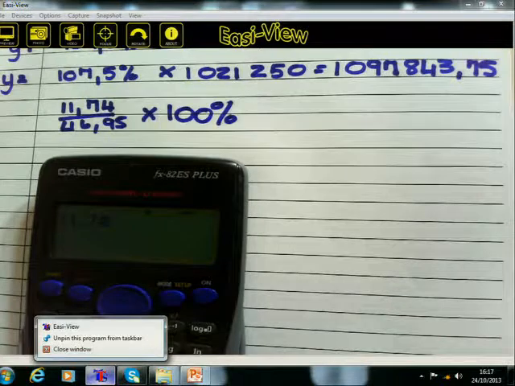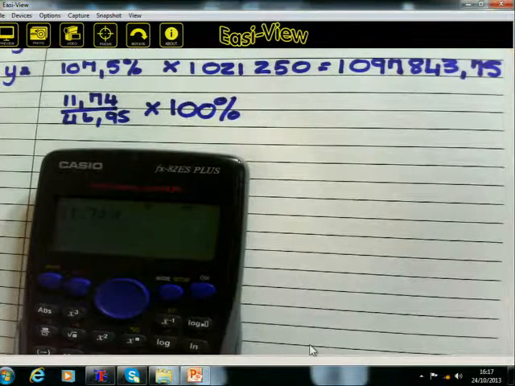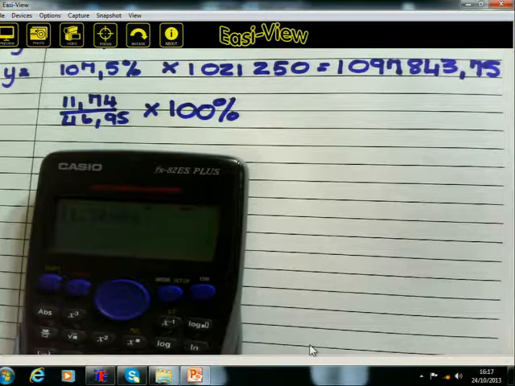Now if I take my calculator, it is 11.74 divided by 46.95. I get my answer and I multiply it by 100.